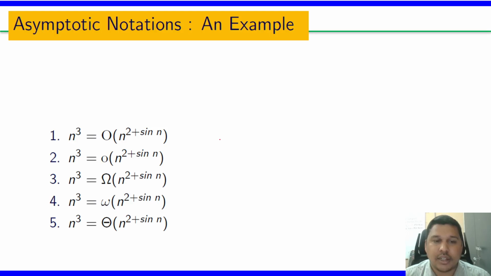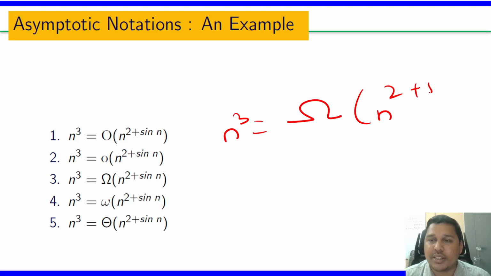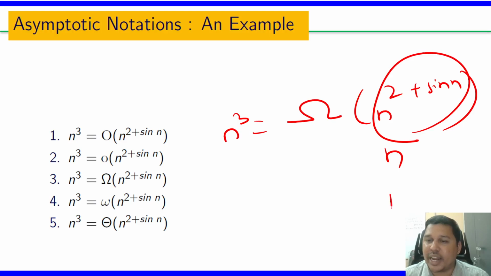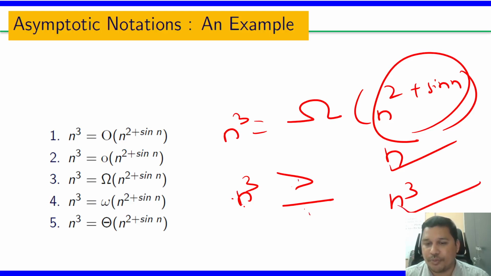Third one, you take n cube equal to omega of n power 2 plus sin n. We know this is ranging between n and n cube, and he has used omega, so this should be greater than or equal to n cube. This case you see, n cube greater than or equal to n cube, both are true. Therefore this is true.